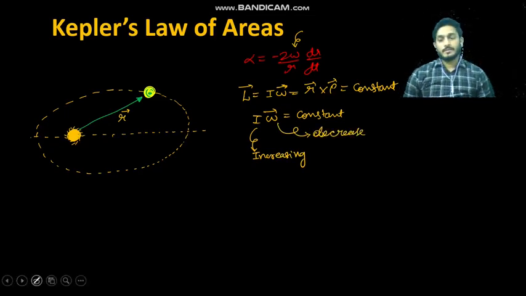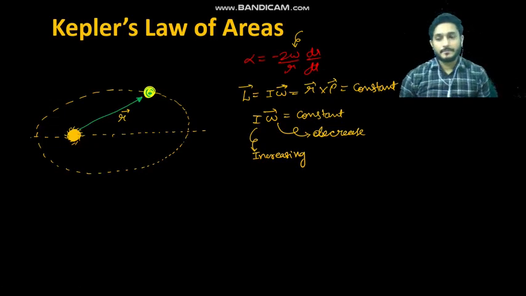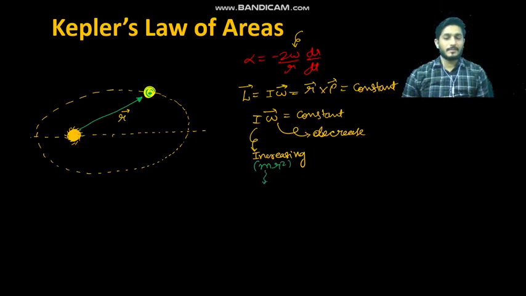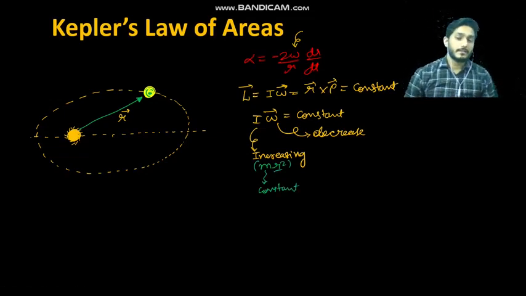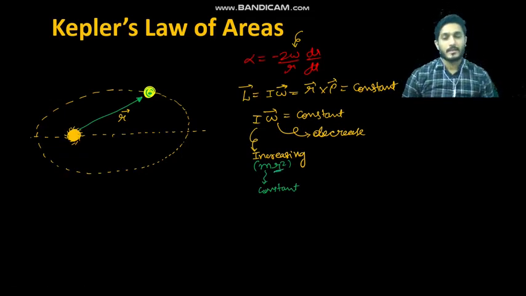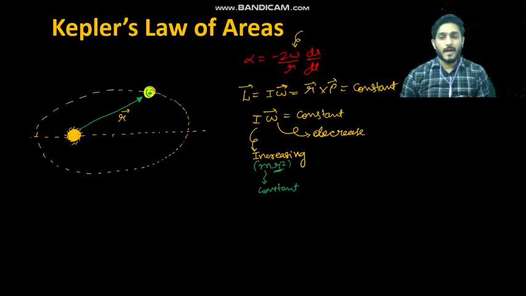Now let's try to figure out points at which I must be increasing. I is simply mr square, right? Mass is constant. This term is constant. But the location of the planet about the sun is continuously changing. Therefore, this r is variable. So if r is farthest, which is this case, this is the maximum separation of planet from the sun.